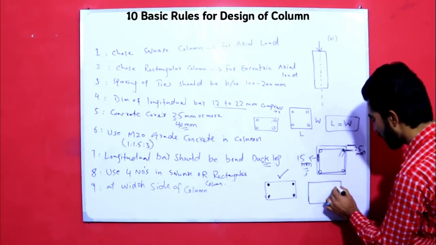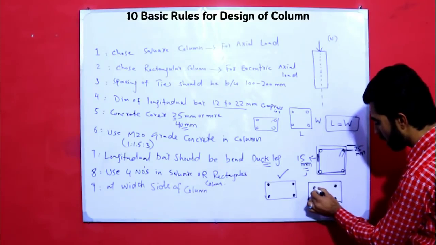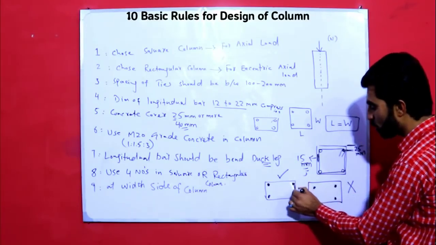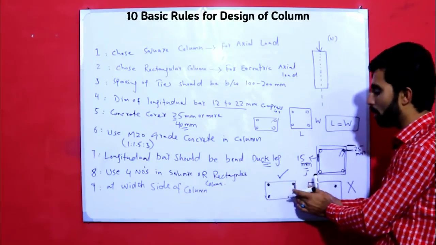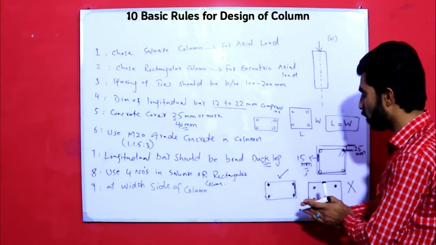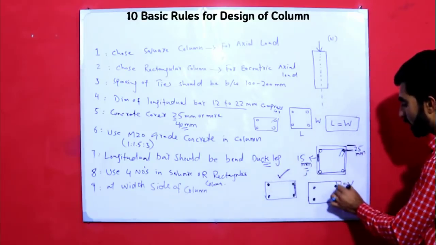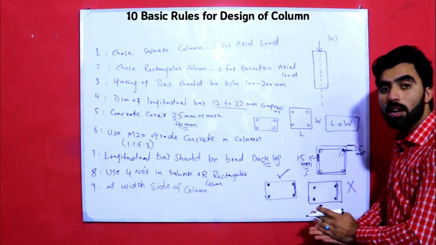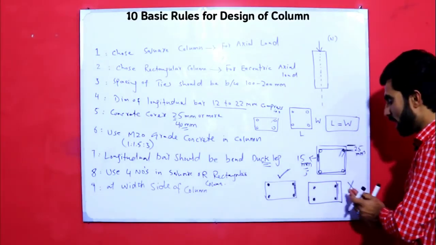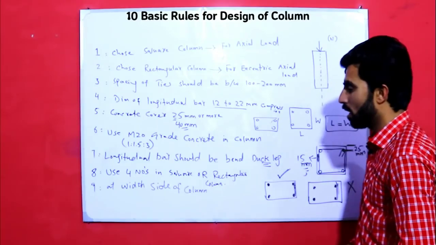As you can see, this is width side. If you bring the steel bars here like this, okay, so this is wrong. Okay, the concrete cover should be with 25 mm. Okay, if you increase the concrete cover, in rectangular column, okay, sorry, yes, this is okay. But if the concrete cover is more, especially in rectangular column here, in this case, if the steel bar is inside of rectangular, so this is wrong.